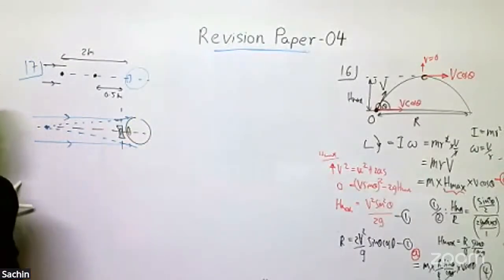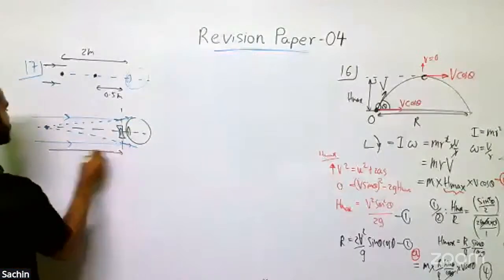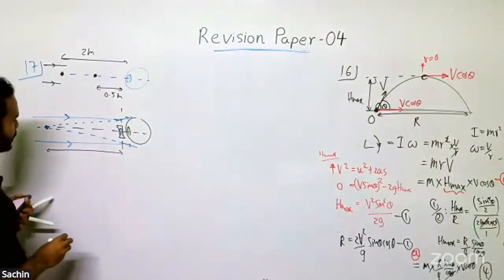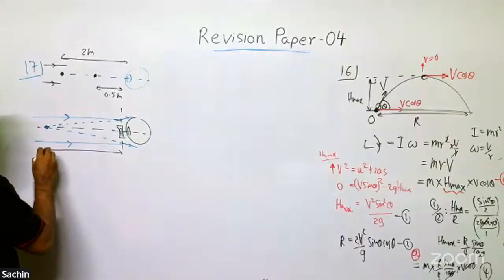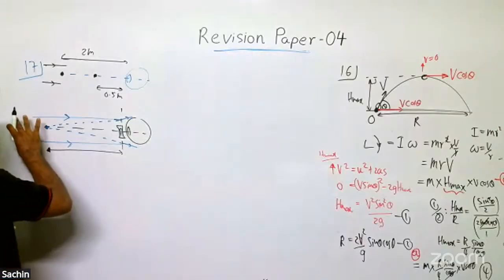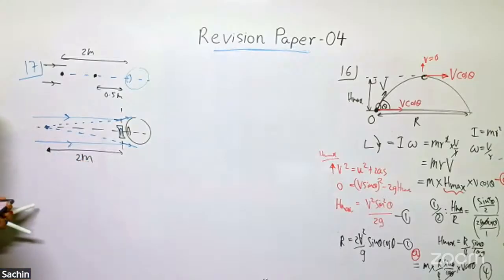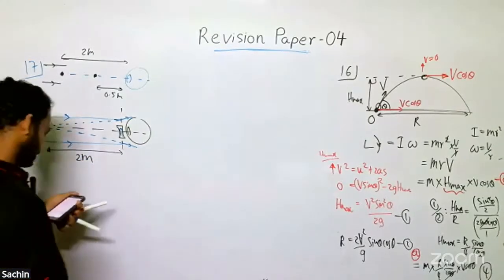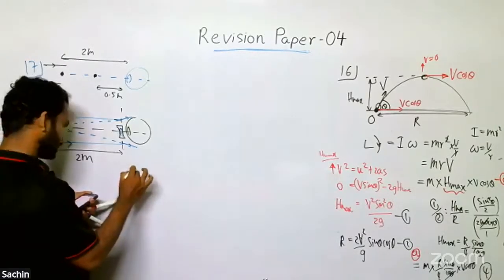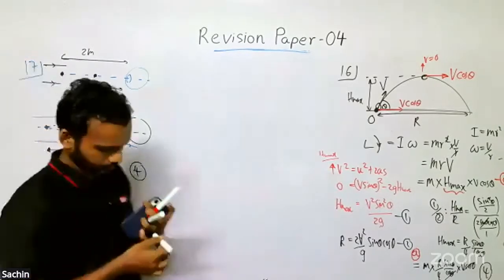This is diverging. And the focal length comes directly from the definition. Parallel rays diverge from the focus. That means the focal length should be equal to 2 meters. So a concave lens with focal length 2 meters, that is given in the fourth answer.